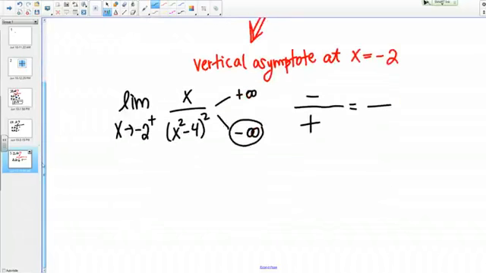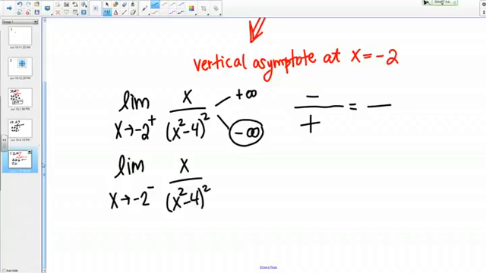We also need to check the limit as x goes to negative 2 from the left. Once again, the possibilities are only positive or negative infinity, and we're also going to do a little sign chart. Negative 2 from the left is values that are just slightly less than negative 2.